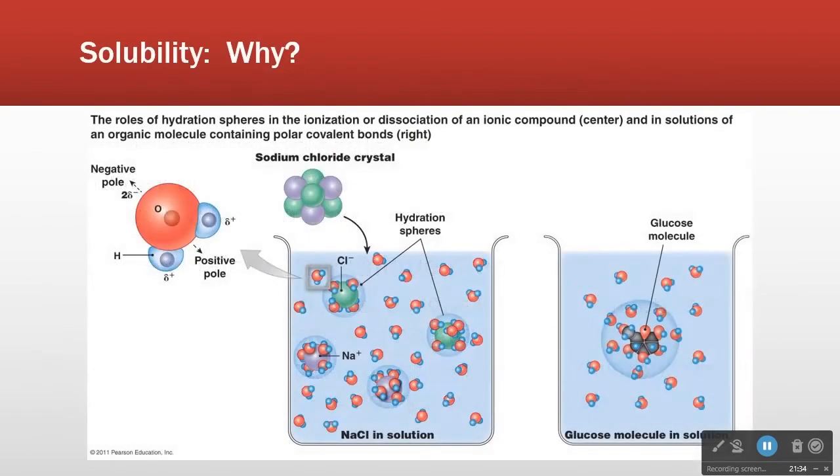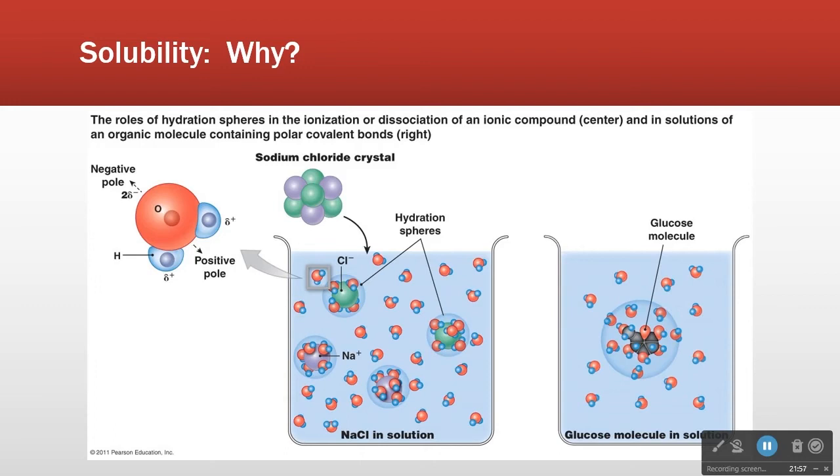This polar property helps water to be the good solvent that it is, right? So here I think I have a picture, yeah. So because water is polar, it has a positive pole and a negative pole. If we put something in water that has electronegativity, for example, a chloride ion, this is sodium chloride, the green is chloride, the purple is sodium.